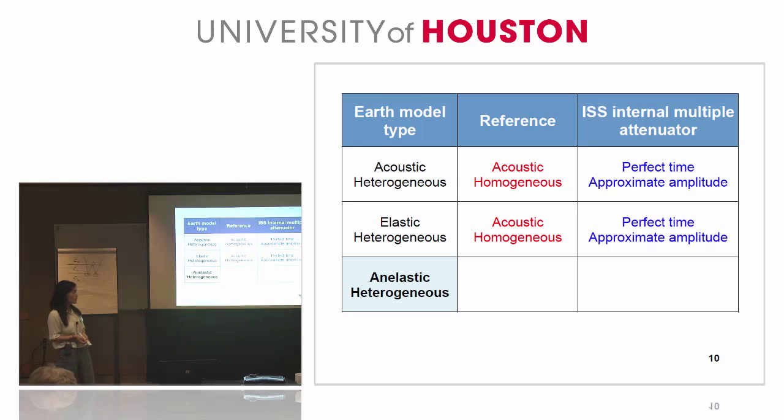But here in this talk, this is the first time I'm going to show you an analytical example where the world is inelastic, that is, absorptive and dispersive, but the ISS attenuator just uses a homogeneous acoustic background to see what happens.